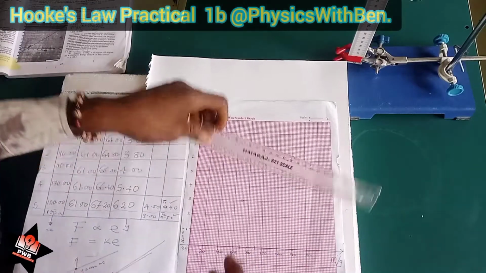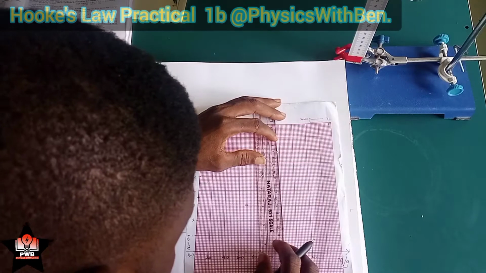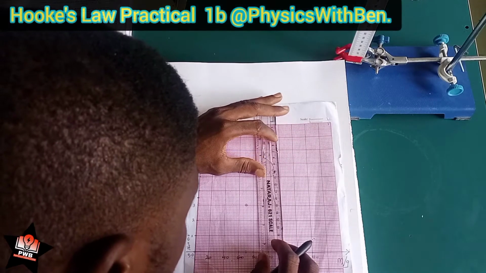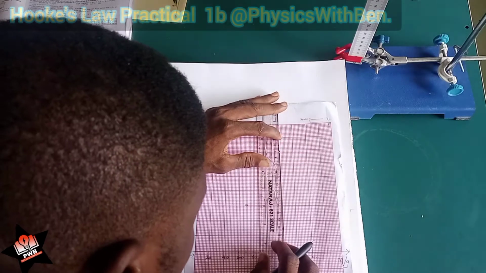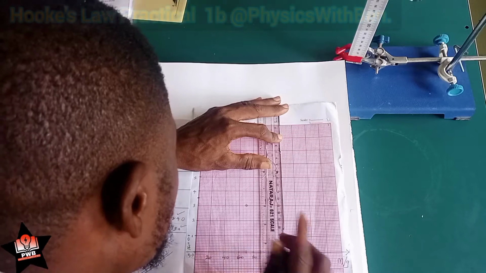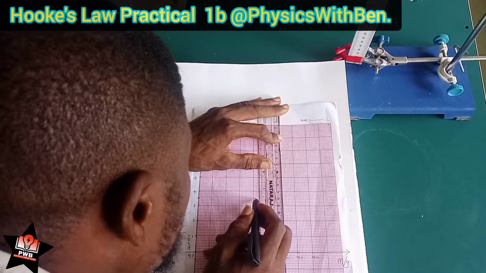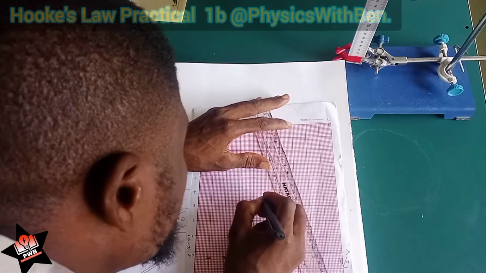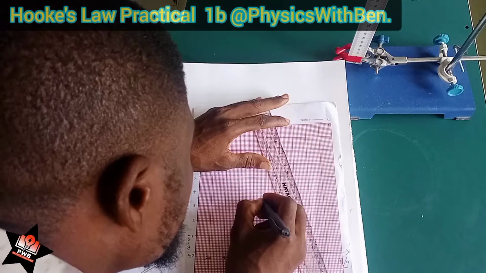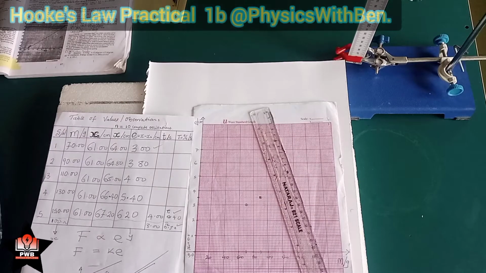So you trace 90, and where it intersects with 3.8, that is the point we are going to plot. This is 3.8. We're done with that point.